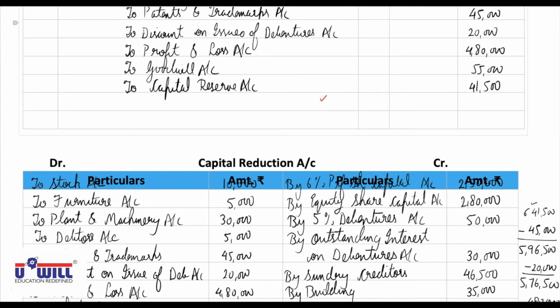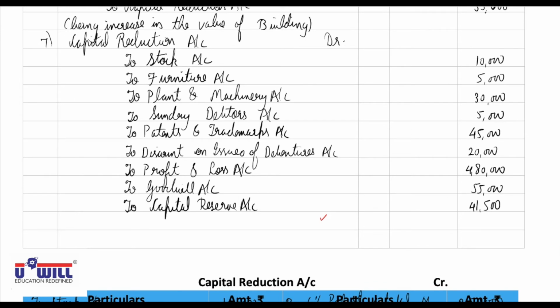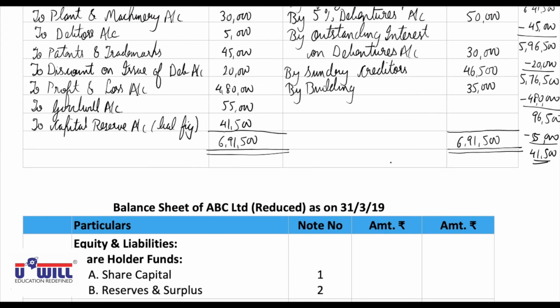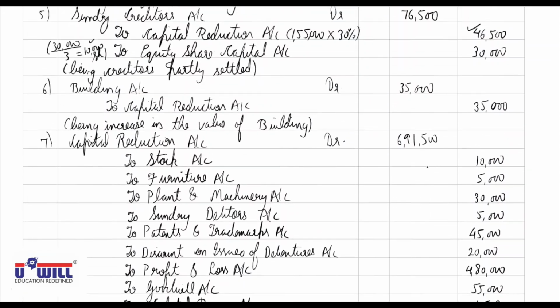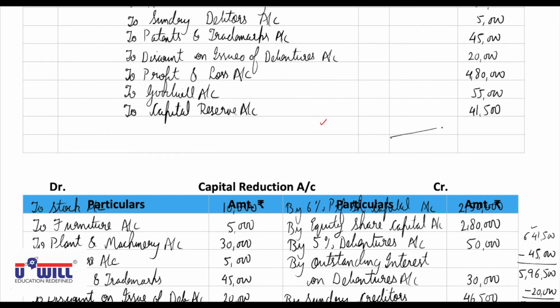Now what is the total amount we have to debit for capital reduction account? 10, 15, 45, 50, 95, 115, 595, 650, 691,500. As we already know, the total of the credit side of capital reduction was also 691,500. So that balancing figure 41,500 is transferred to capital reserve. Now the total of the journal will be done by every one of you.